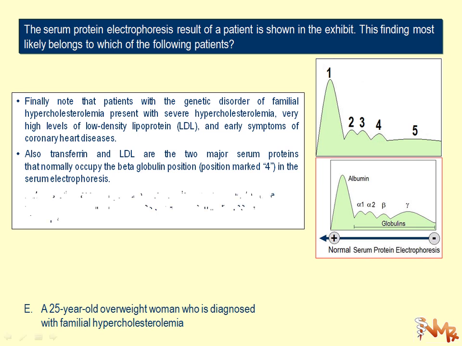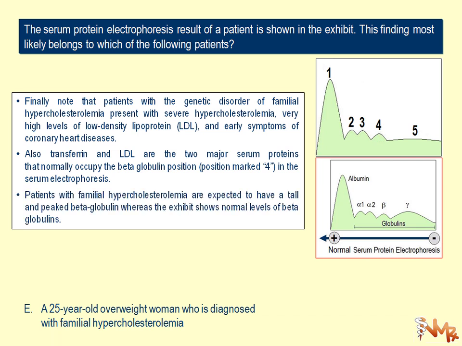And patients with familial hypercholesterolemia are expected to have a very tall or peaked beta globulin in the position number 4. So the electrophoresis of this woman that at that early age presents with coronary heart disease and a high level of the LDLs should show a peaked sort of globulin levels at the beta globulin position, as you see in this diagram.